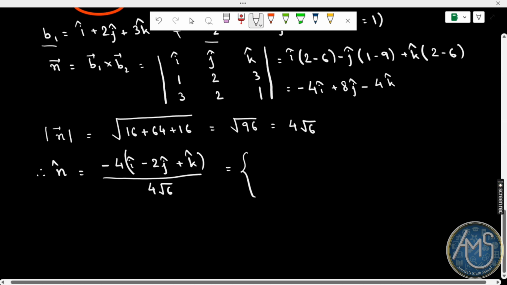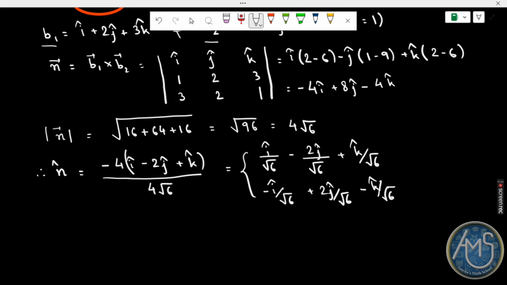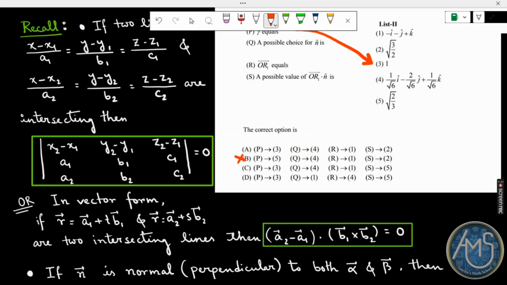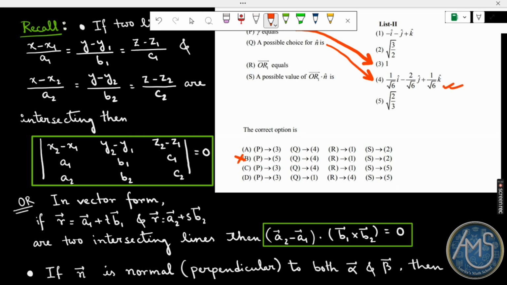So it will be either i cap by root 6 minus 2 j cap by root 6 plus k cap by root 6, or in the opposite direction, minus i cap by root 6 plus 2 j cap by root 6 minus k cap by root 6. So n cap is option number 4, 1 by root 6 i cap minus 2 by root 6 j cap plus k cap by root 6.